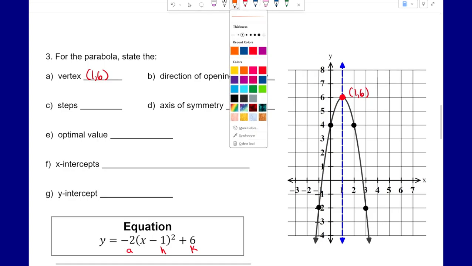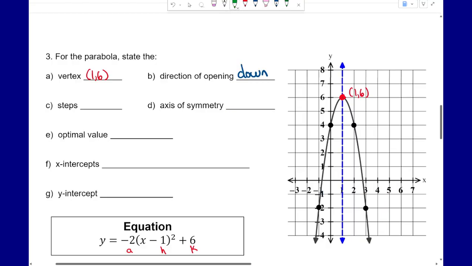The steps. If I look at my steps, I start at my vertex, I go 1 to the left or the right, doesn't matter. In this case, we'll go 1 to the left, and we go down until we hit our graph. That's a step down of -2, so our first step is -2. From that point, we go over 1 again, and we go down until we hit our next point, which in this case is 1, 2, 3, 4, 5, 6 down, so -6.